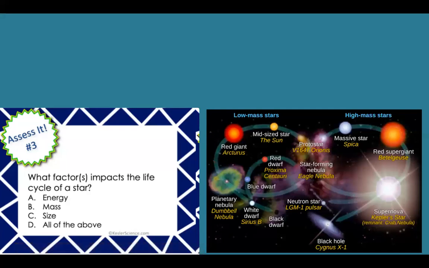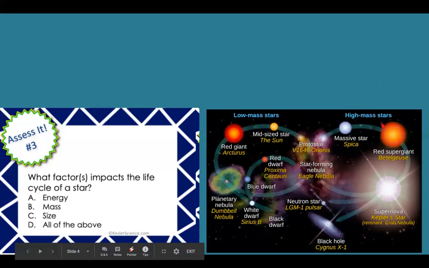All right, next question. Assessment number 3. What factor or factors impact the life cycle of a star? So I want to bring your attention to this diagram that you saw several times through your Google form. And this is a picture of how stars are born, they go through their life cycle, and they eventually die.